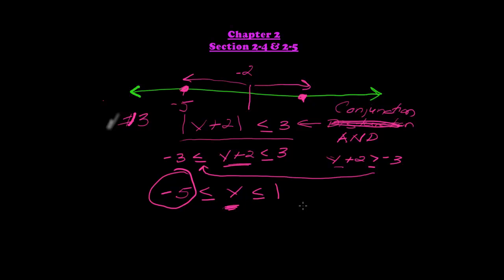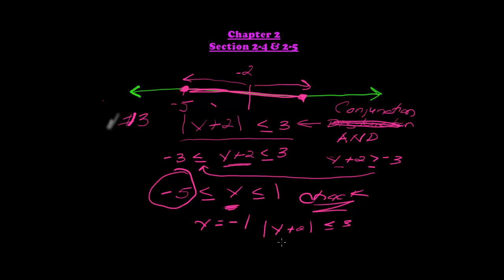So we can check this by taking any value in between here. So let's take y equals, let's say here, y equals negative 1. Does that work? Well, let's go here and say the absolute value of y plus 2 is less than or equal to 3.